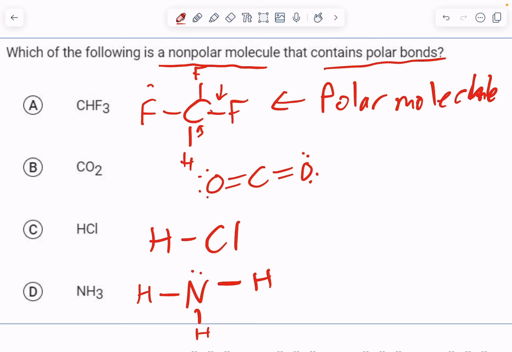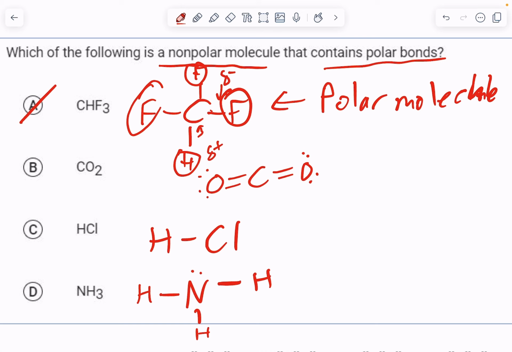We have 3 fluorines in the top right here pulling electrons towards it, and 1 H over here. So up here would be partially negatively charged, and down here would be partially positively charged. So this isn't right, because it is not a nonpolar molecule.